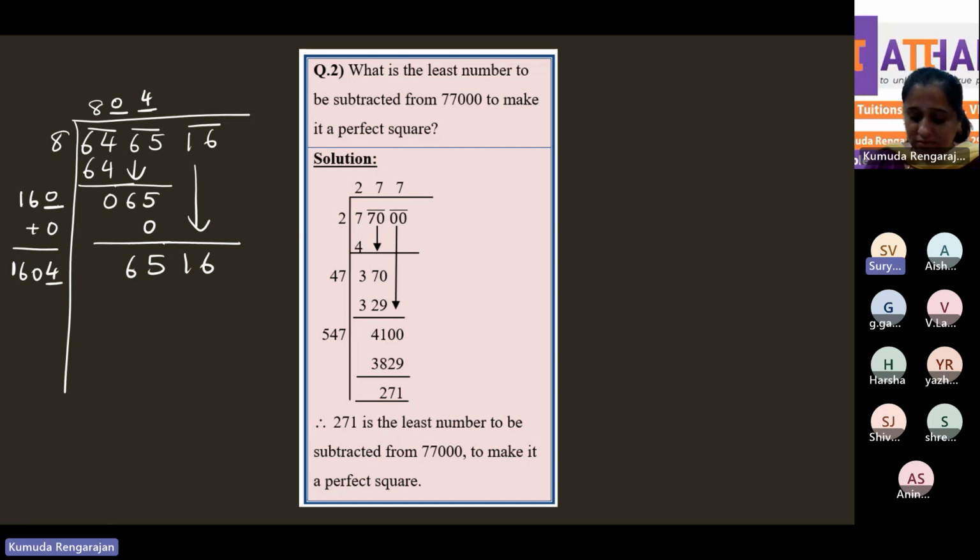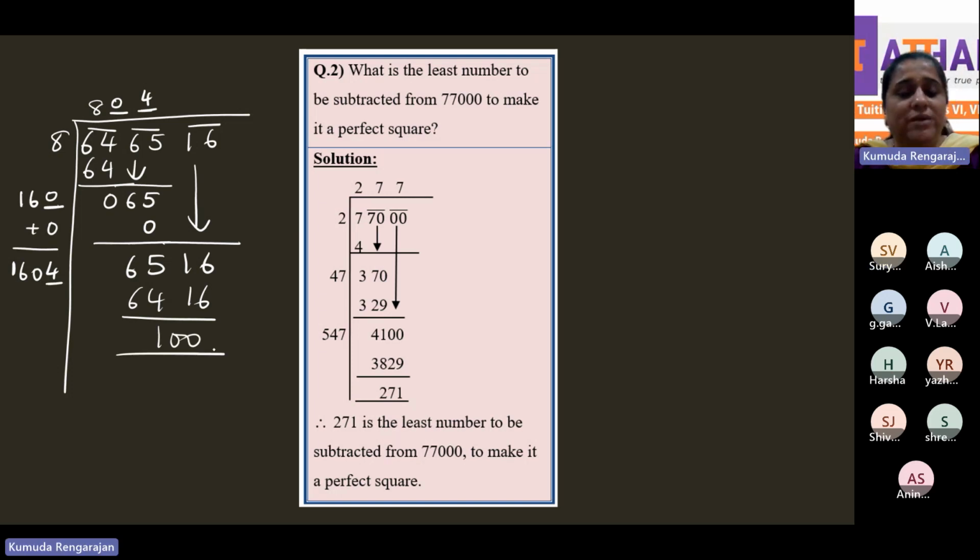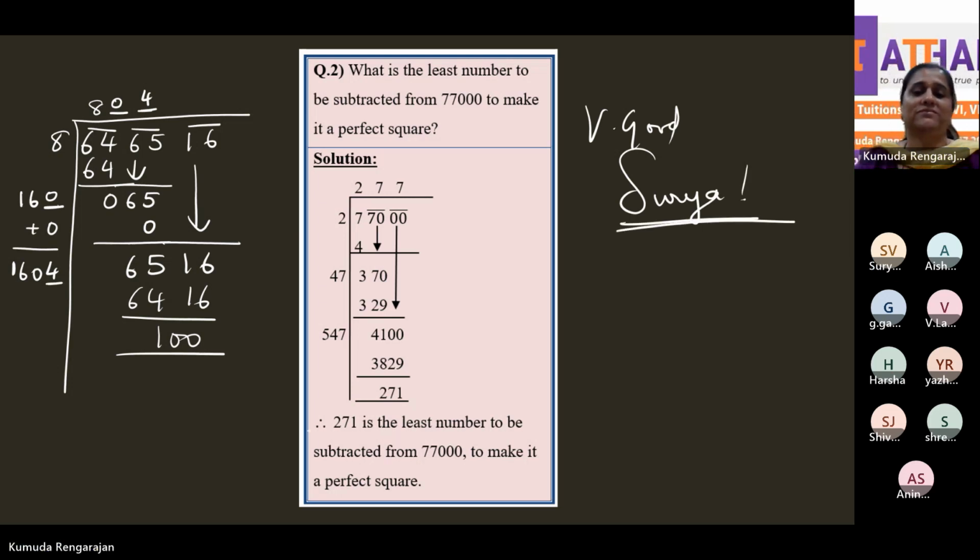What's the product? 1604 into 4 is 6416. And the remainder? 100, ma'am. So what's the number to be subtracted? Ma'am, 100 is the least number to be subtracted from 646516 to make it a perfect square. Very good, Surya. Keep it up. Thank you, ma'am.